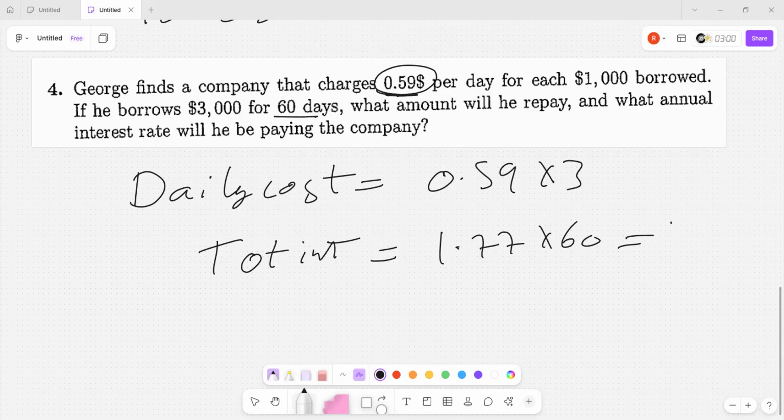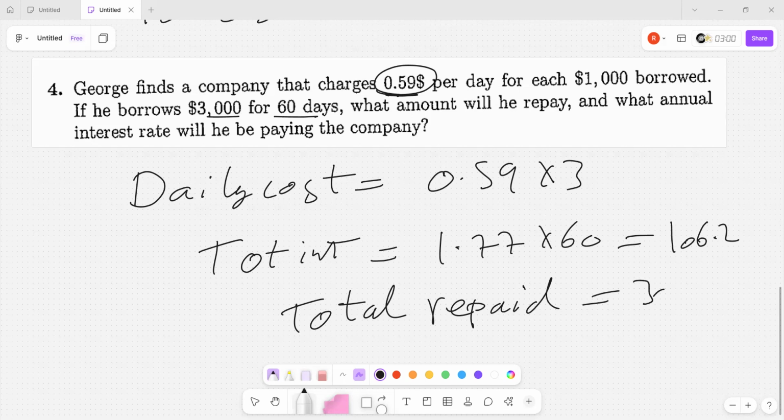So we will add this number to the 3,000 to get the total repaid. And that is the answer for the total repaid, but we still need to get to the interest rate.